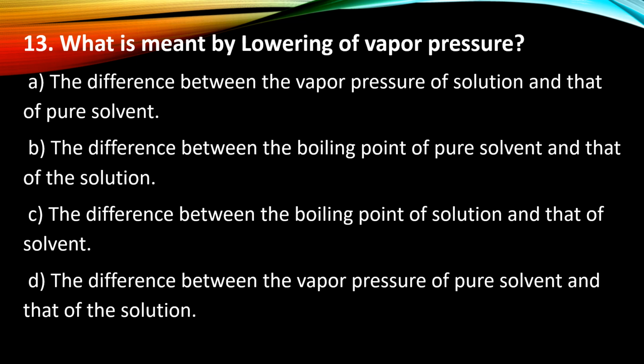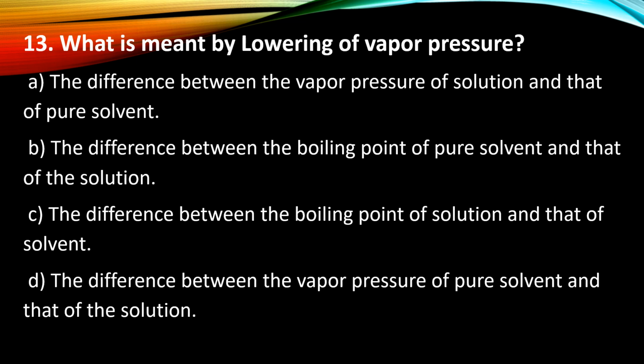That of means vapor pressure. Next, option B. The difference between the boiling point of pure solvent and that of the solution. C. Difference between boiling point of solution and that of the solvent. D. Difference between vapor pressure of pure solvent and that of the solution.